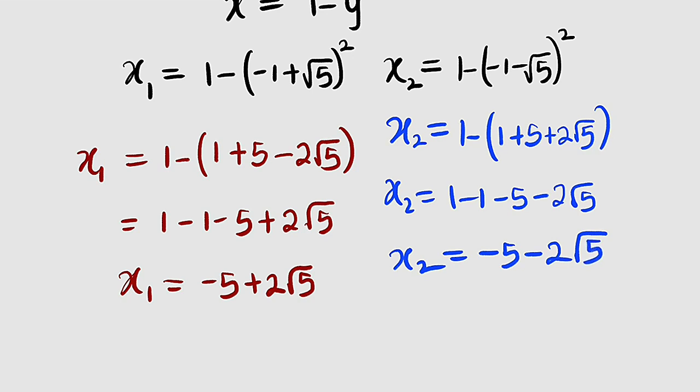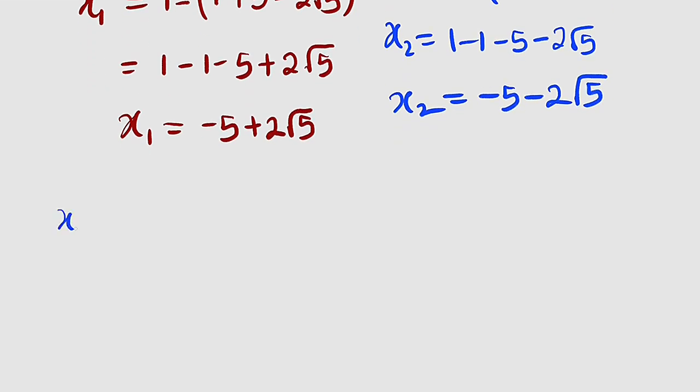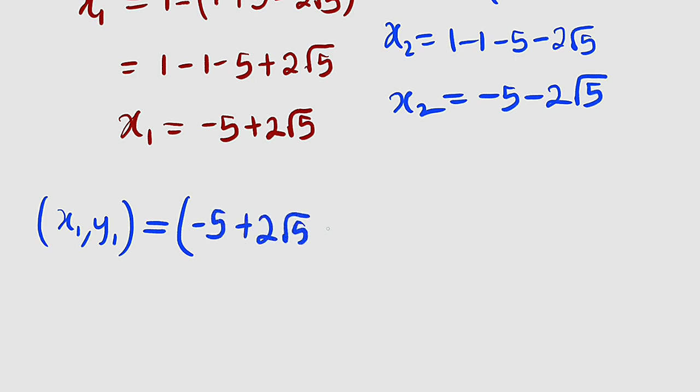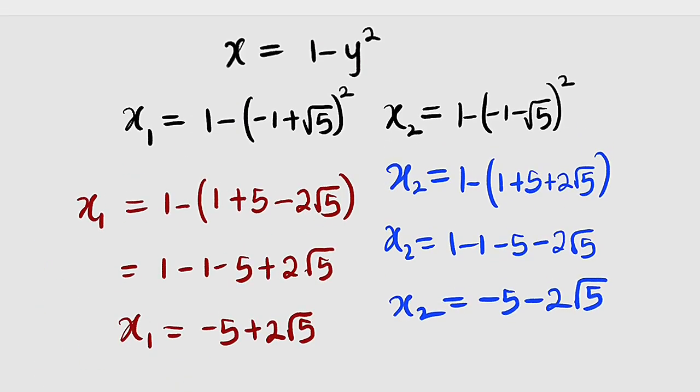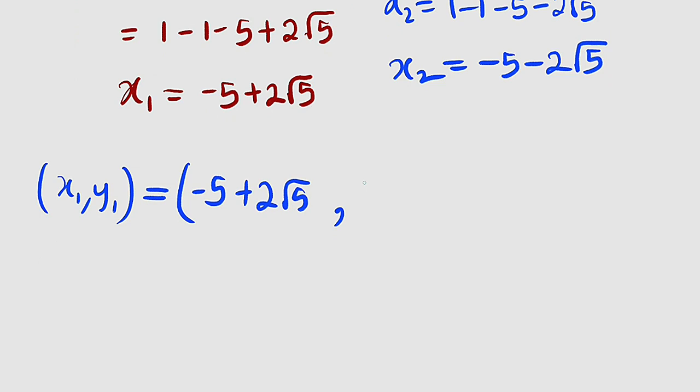So our right combinations: we have x1, y1, where x1 is negative 5 plus 2 root 5 and y1 is negative 1 plus root 5.